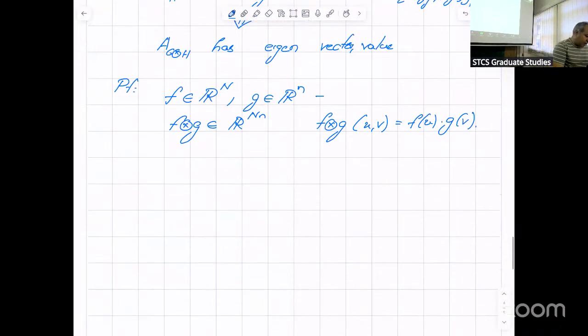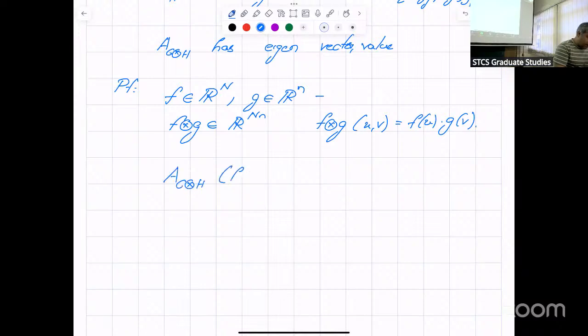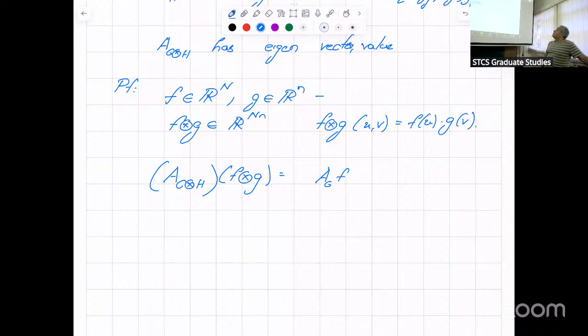Then it should not be hard to see that A of G tensor H, applied on the vector, is indexed by U and V. F tensor G at (U,V) is F of U times G of V. U and V are the coordinates.